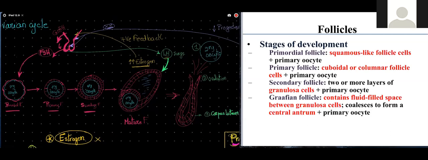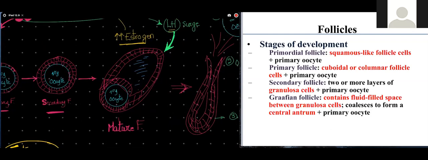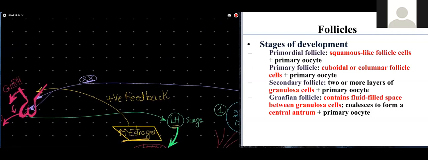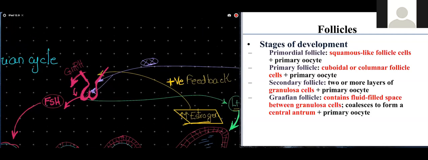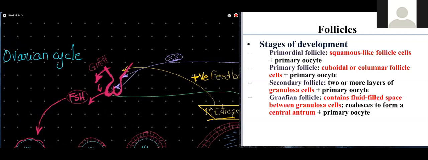The Graafian follicle, or the mature follicle, will be releasing large amounts of estrogen, which will have a positive feedback on the hypothalamus and anterior pituitary gland, stimulating the release of GnRH.